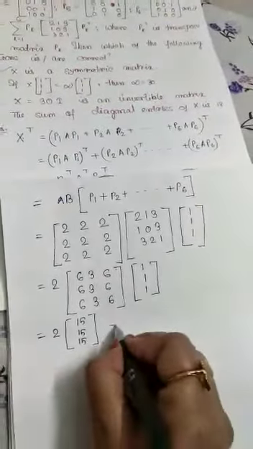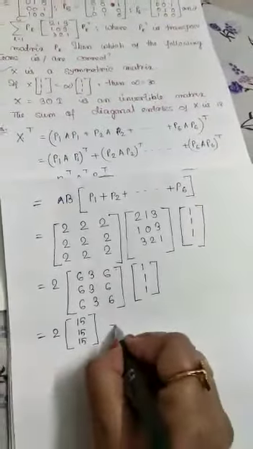XB is equal to 30 of B. Therefore, our second choice is right. That is alpha is equal to 30. Therefore, option B is also right.